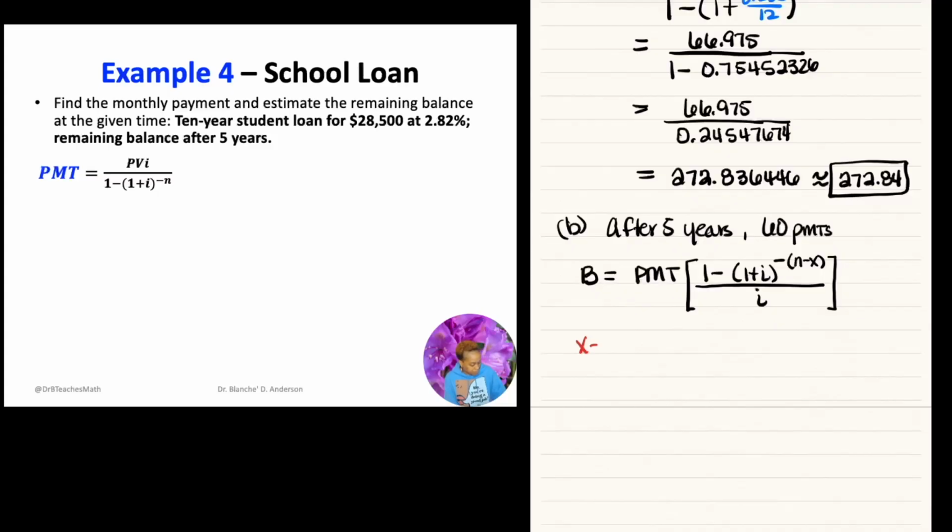Yep. So the number of payments that you already made. So you've already made 60 payments. So we're going to find what comes after that.